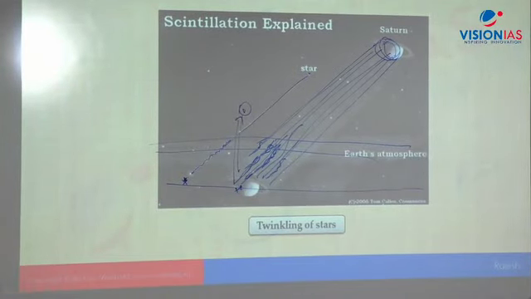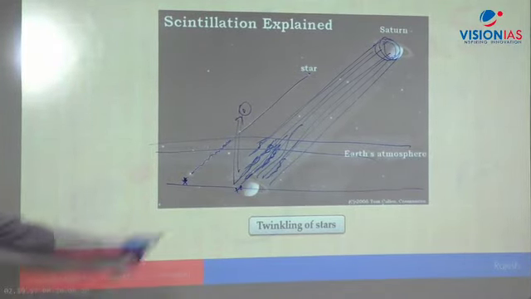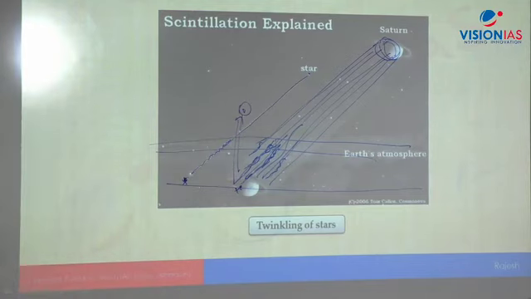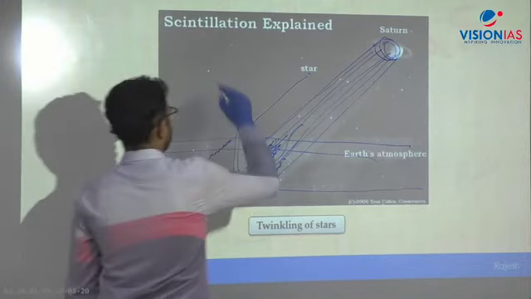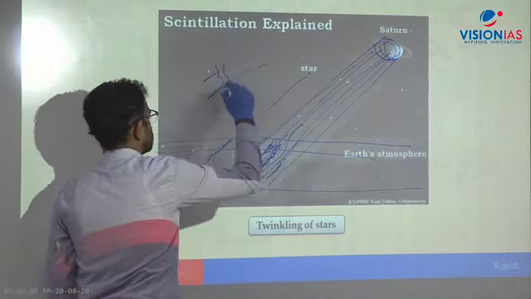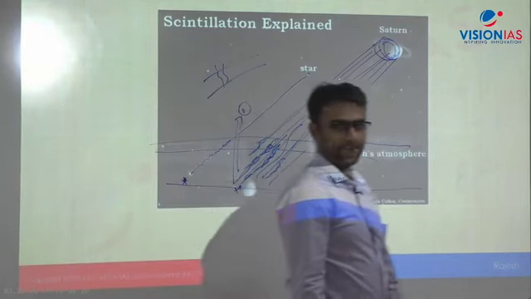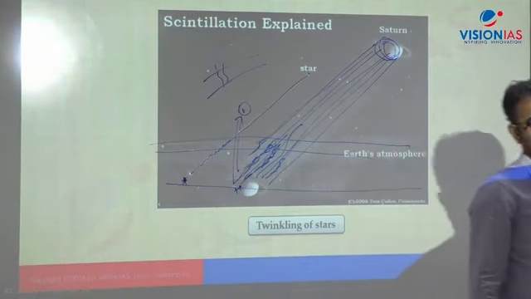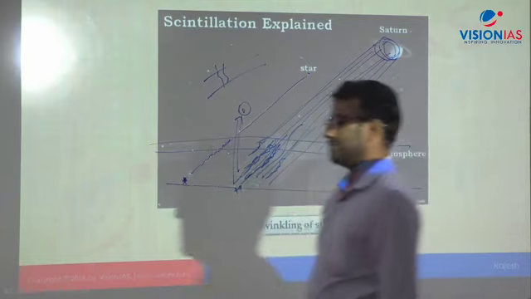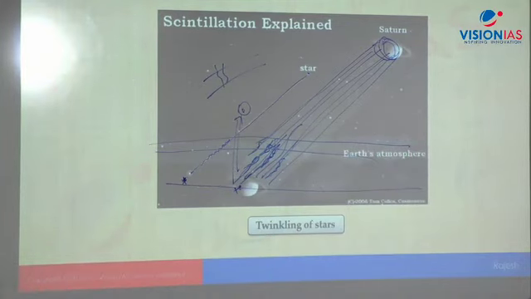The stars viewed from space do not appear to twinkle because there is no atmosphere over there. The light is not passing through any atmosphere, so that scattering is not happening. So basically stars appear to twinkle only if you are viewing them from the surface of Earth.